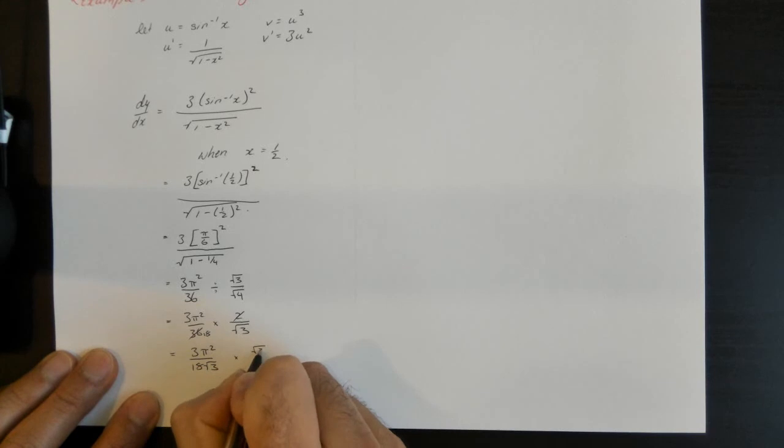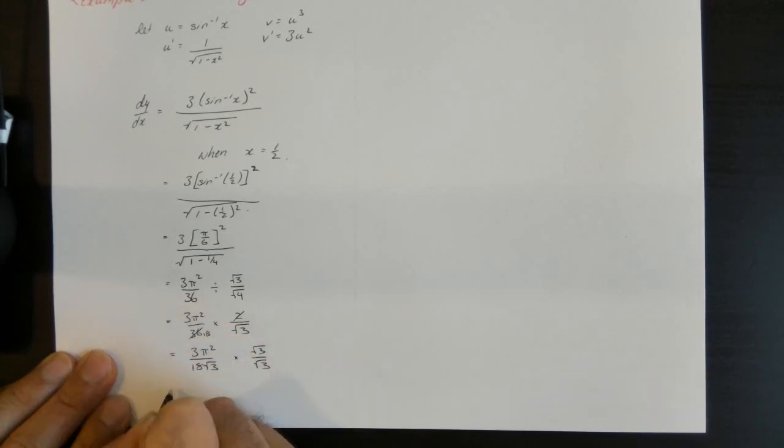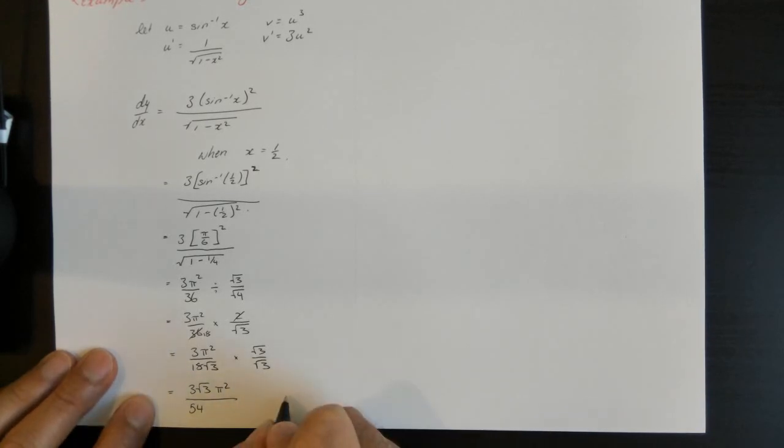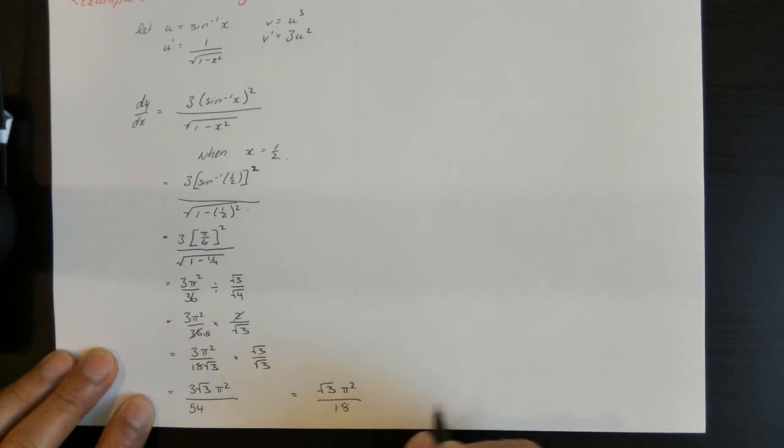Multiplying top and bottom by root 3 gives us 3 root 3 pi squared over 54, which also gives us root 3 pi squared over 18.